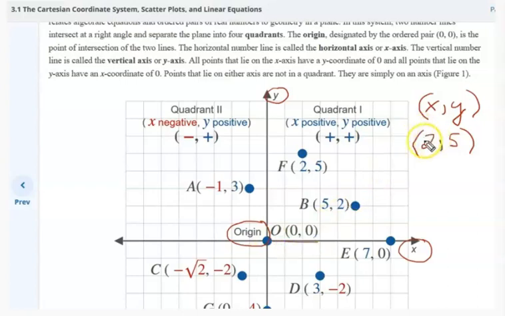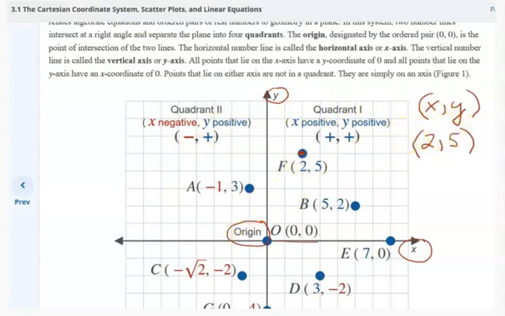That's the positive direction. And then move up 5, and then you put your point and label it. So this will be one of our activities.